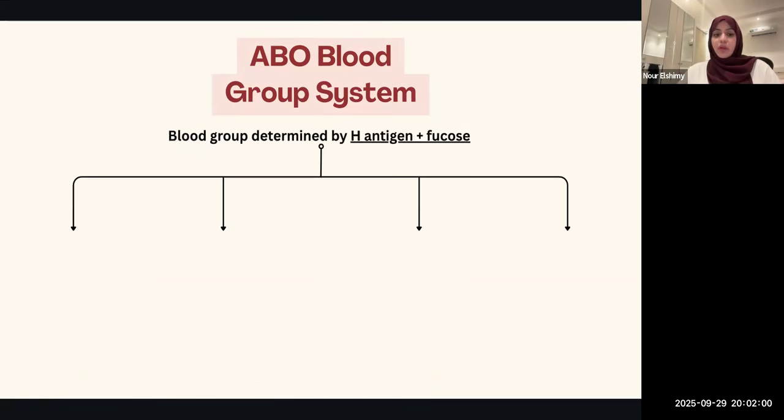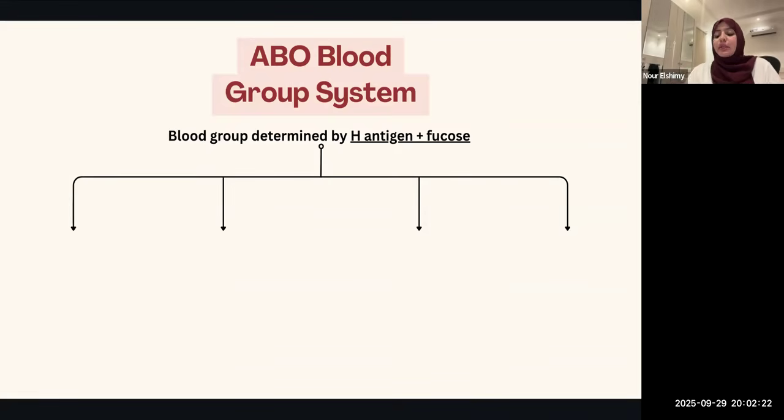But how can we classify this? What determines the antigen to be either A or B or both? We have the so-called H antigen, which binds to something called fucose.